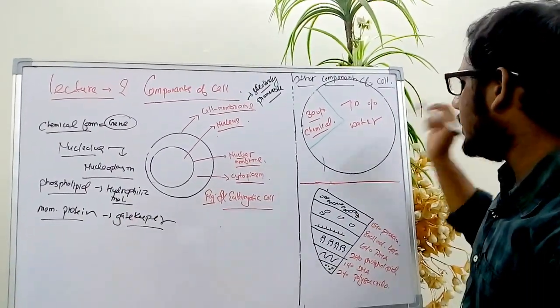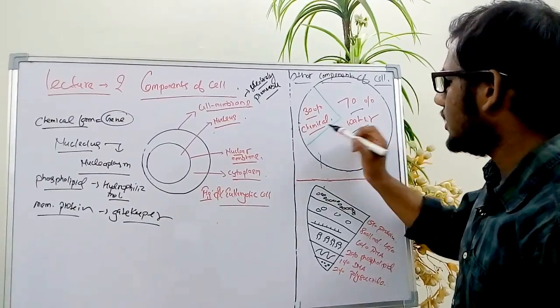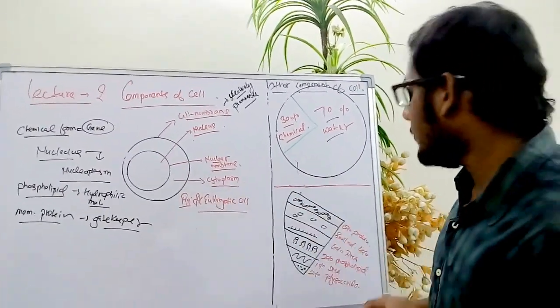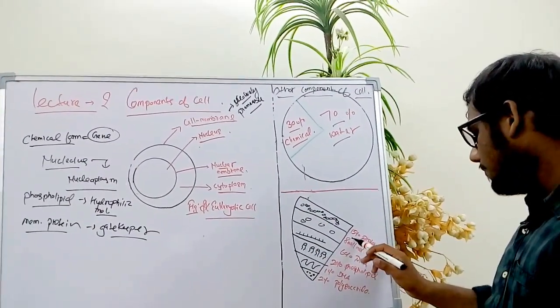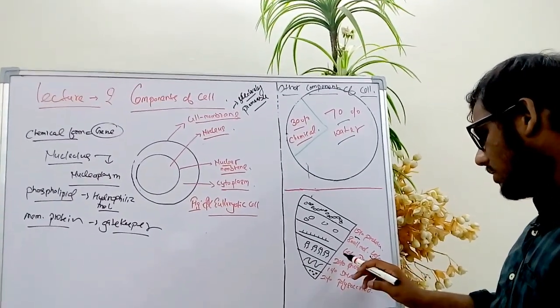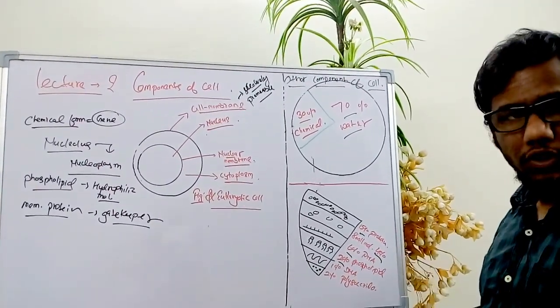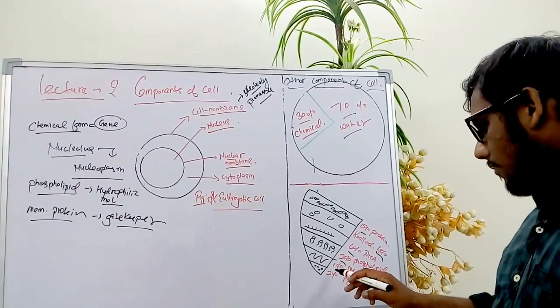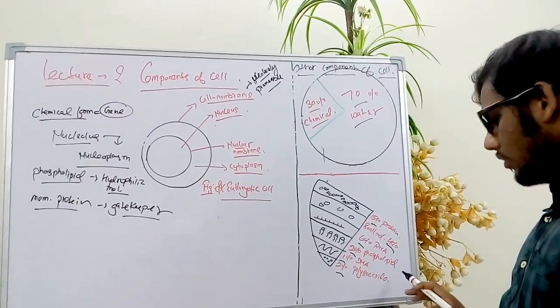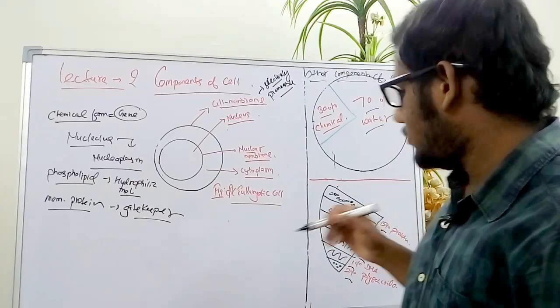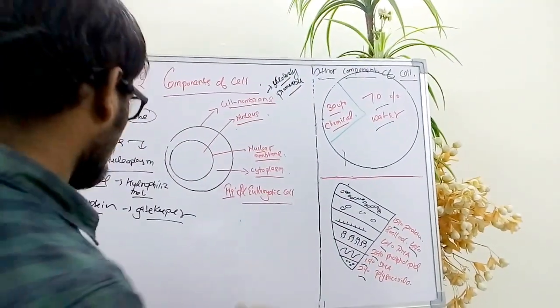In a cell, nearly 70% is water and 30% is chemicals. These chemicals include 50% protein, 4% small molecules, 6% RNA, 2% phospholipid hydrophilic molecules, 1% DNA and 2% polysaccharide carbohydrate. Now we are talking about the nucleic acid.